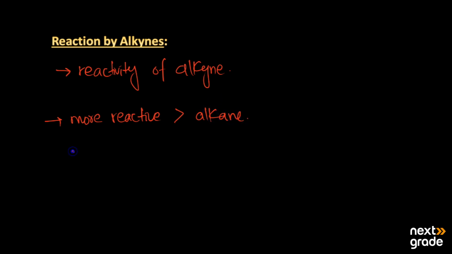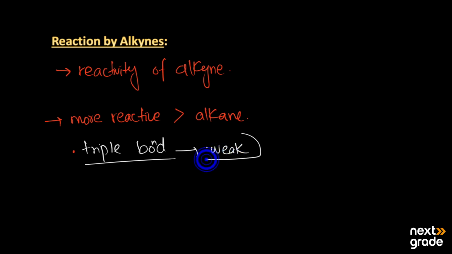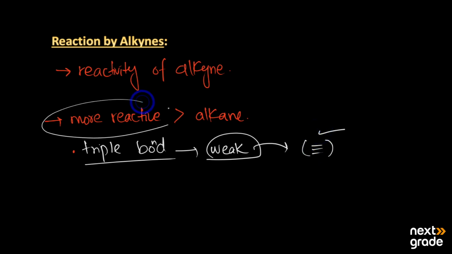The reason is that alkynes have a triple bond, and that bond is weak, so the adding substances easily add to the triple bond. So they give more chemical reactions than the alkanes, because addition happens at the place of the double and triple bond.